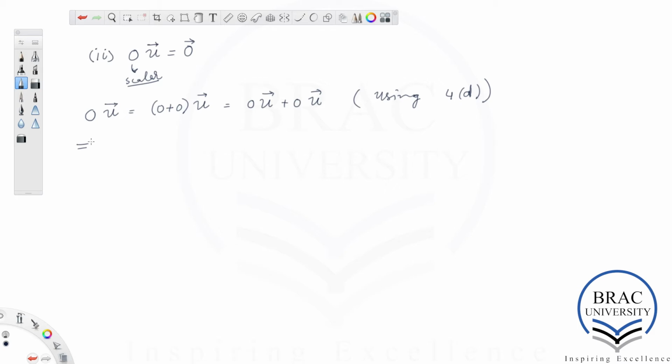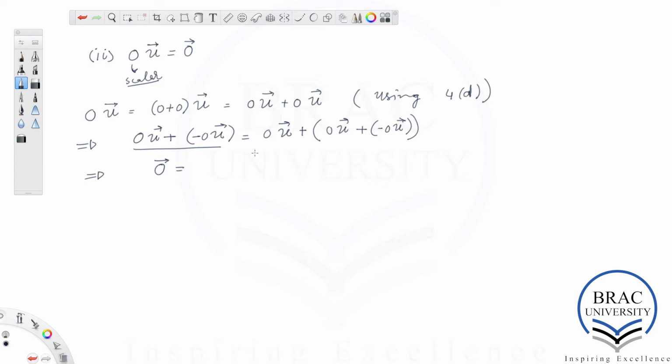So now I add negative 0 times u on both sides. Okay, and then invoking associativity on the right side, this is nothing but the zero vector.